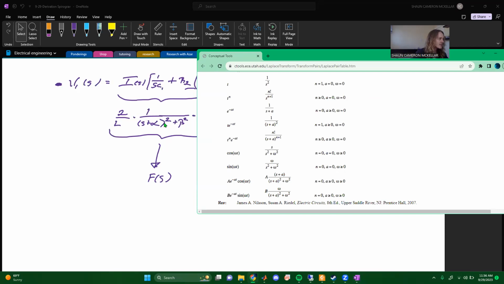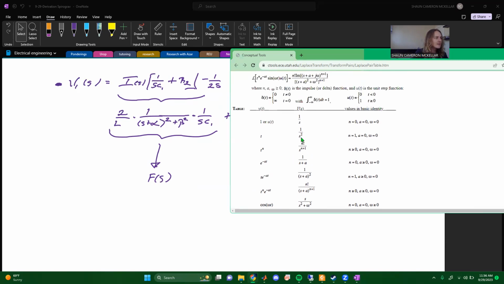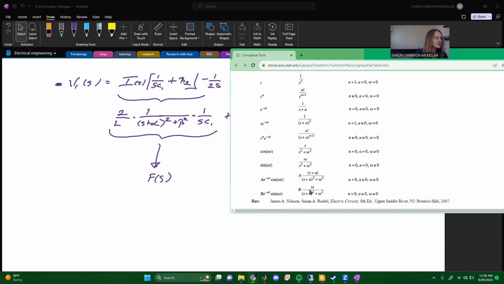That perfectly models our current part. However, this 1 over sc one term throws a wrench in stuff because we don't have anything like that in the Laplace transform pair. And unfortunately, it's not a linear operation, so we can't just multiply it by like 1 over s. We can't do that, unfortunately.